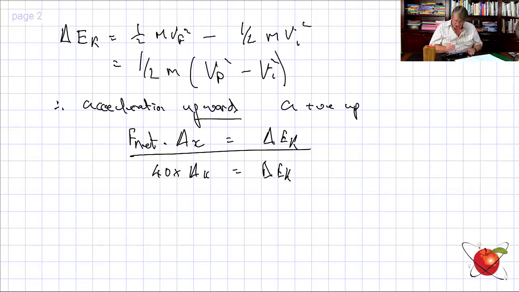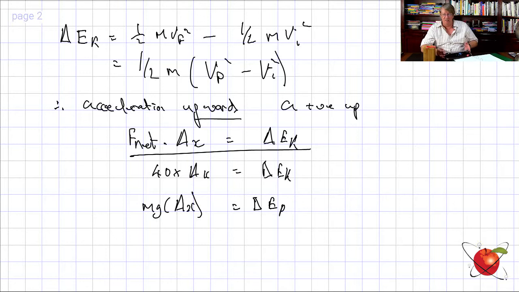What about the MGH? Has that changed? Yes, the MGH has changed because the block has moved upwards. Therefore, I can also say that my delta EP is going to be mg times delta x as well, isn't it? Right? And in this case, you can tell that that is going to be the balance of the force, which was the 60 delta x.